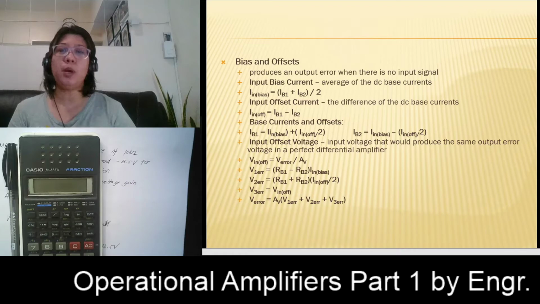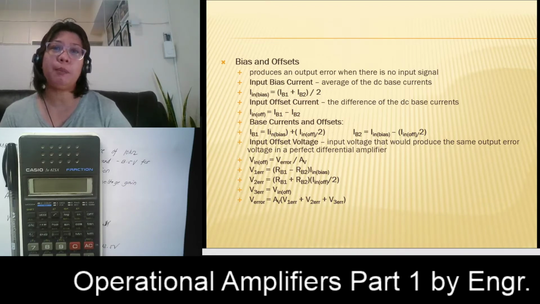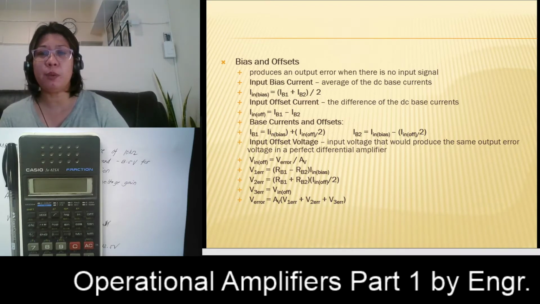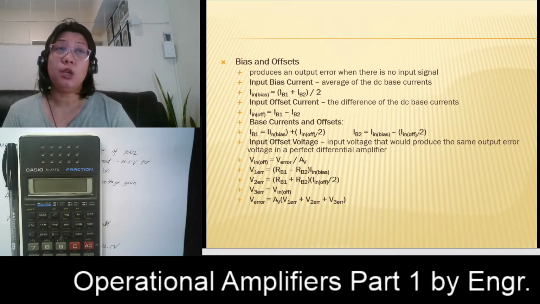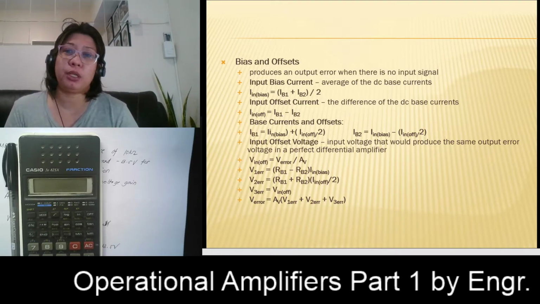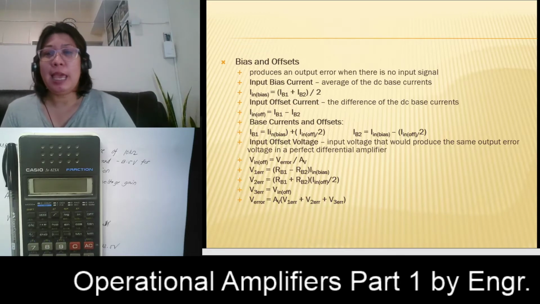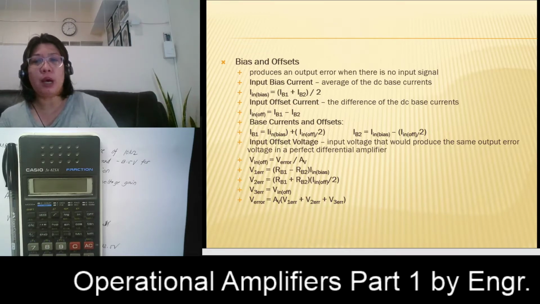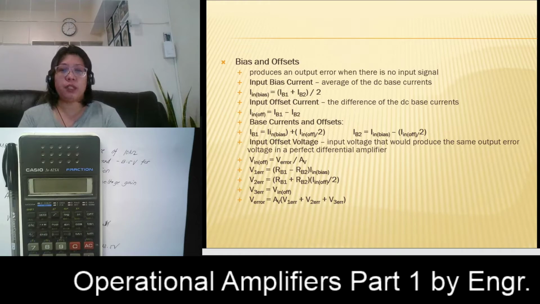V1 error is due to the input bias current, given by the formula RB1 minus RB2. RB1 is the base resistance on your first input, and RB2 is the base resistance on the second input or your second transistor. And V2 error is about your input offset current, and your V3 error is your input offset voltage.